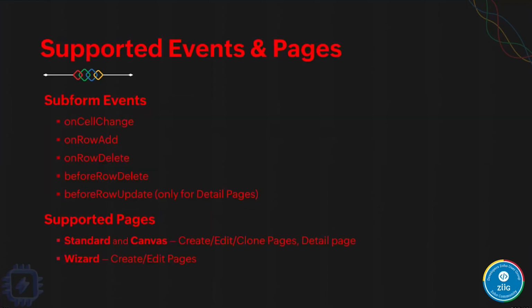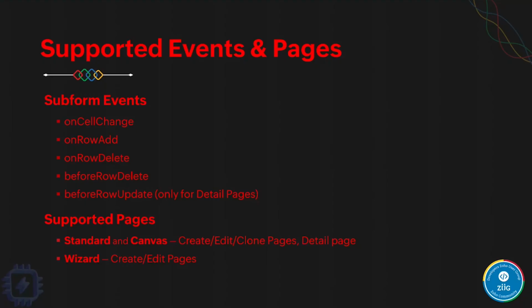So these are the events and pages in which subforms are supported. Like I said, every field has an event, a page has an event. So like that, subforms have their own set of events. And these are different events which can be used to trigger a client script when you're working with a subform, right? And like all client scripts, there are some pages in which some events are supported and some are not.